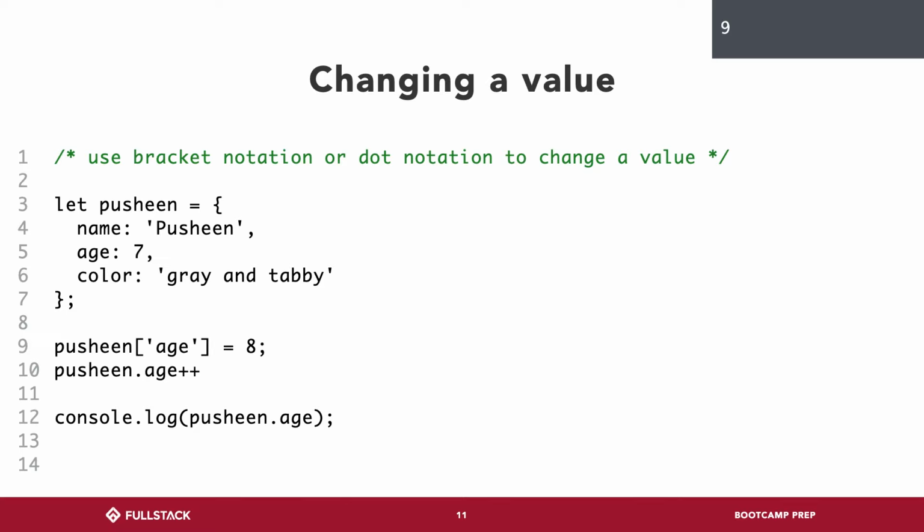What happens if you don't put the age in quotes? If you don't put the age in quotes, JavaScript will say that you're using bracket notation, so this is not a string, it must be a variable. So let's go look for age. Where is it? It's nowhere, so we'll get a reference error.